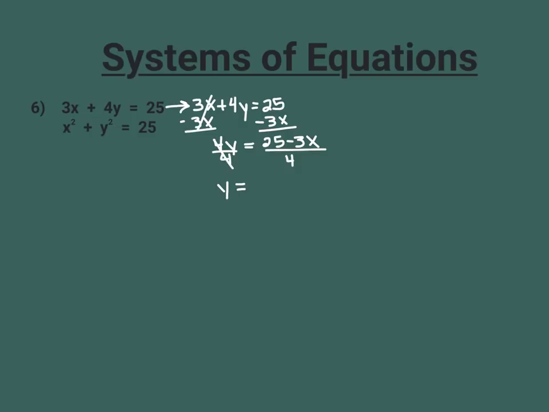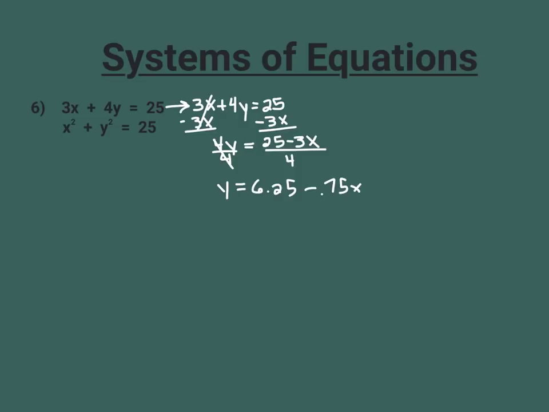I personally like fractions, but I'm going to change these to decimals. 25 divided by 4 is 6.25. Then I bring down the minus sign, and 3 divided by 4 is 0.75, so we write 0.75x. Again, if you left it as fractions, that's totally fine.